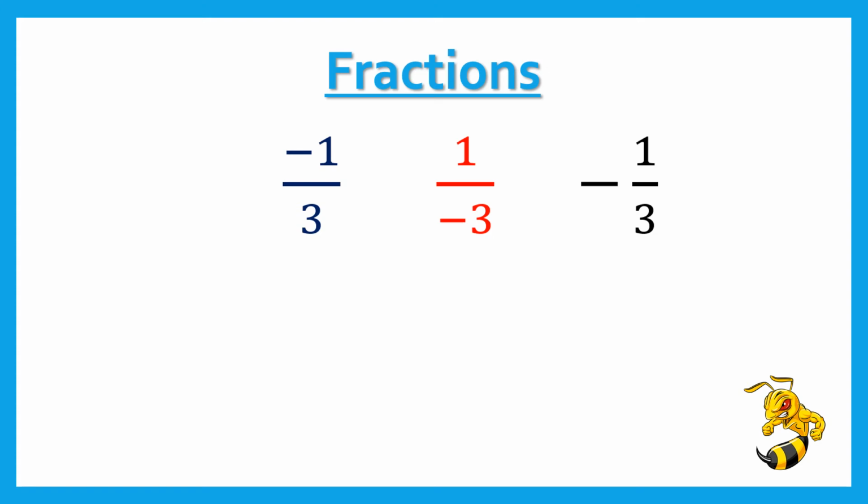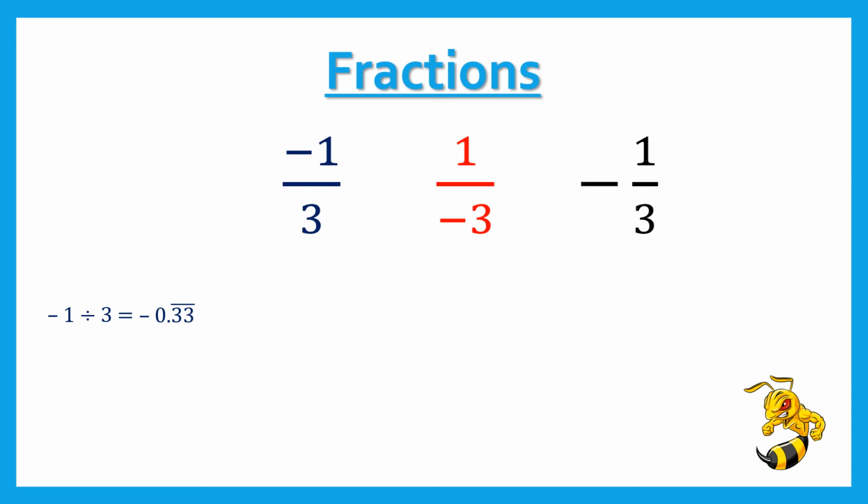Now, let's investigate if these fractions are equivalent. Are they equal? The first one I have is -1 over 3. Remember, the fraction bar means division. So technically we have -1 divided by 3, which is equal to -0.3 repeated.